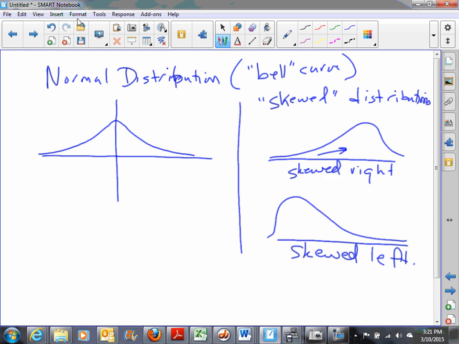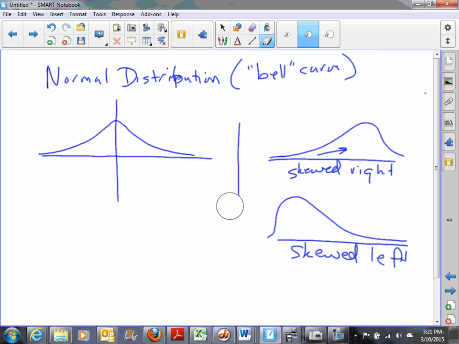It always seemed to me to be strange when I was in statistics class when they talked about the data being skewed to the right, the tail was going to the left, and when the data was skewed to the left, the tail was going to the right. But that's kind of the way it is. So if you have a distribution that's skewed, it is going to look more like this, skewed right or skewed left. But for right now, let's take a look at the actual normal or bell curve.